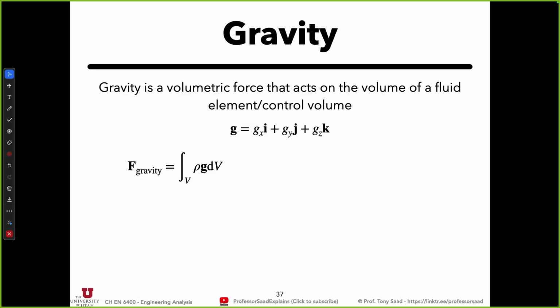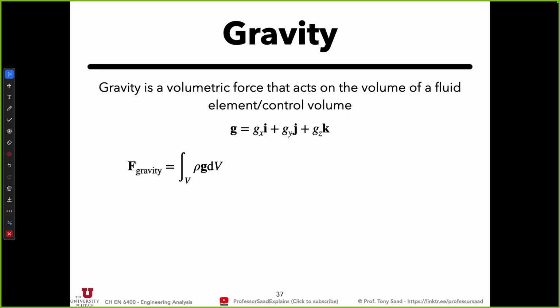If you think about this, rho is kilogram, mass per volume, and you multiply by volume, it becomes mass, times gravity in meters per second squared. Kilogram meter per second squared is newtons. So you get newtons. That's why you need that density here.